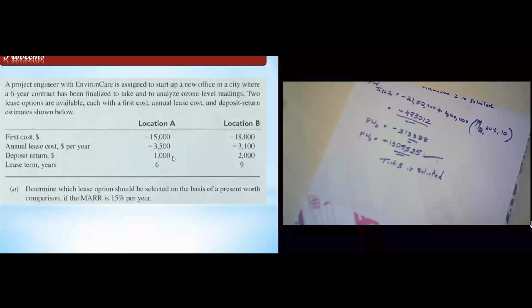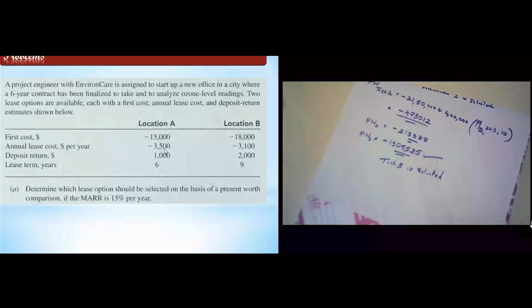So for example, here if they have given the study period as 5 years, in that case you will be getting the first cost for location A, and the annual operating cost also you will get per year for a period of 5 years. Deposit return you are not going to get, okay, because it is at the 6th year end.